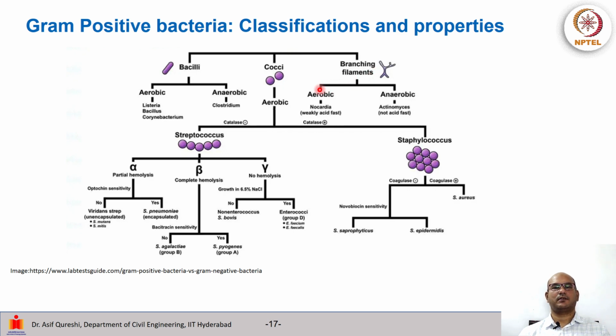These can be aerobic, Nocardia, or anaerobic, Actinomyces. Then we have cocci. These are aerobic, examples being Streptococcus and Staphylococcus.